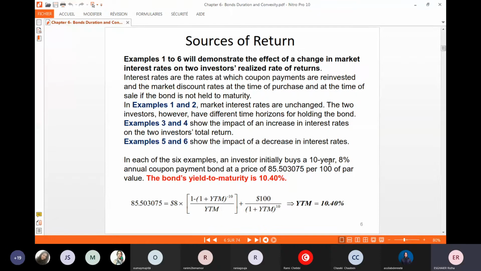This could also be the required rate of return on the bond that gave us this price. It is as if, initially, when they decide to invest in this bond, the market interest rate is 10.4%. That is why the price of the bond is this. Or conversely, we can say that if the price paid is this, their average annual rate of return is 10.4%.